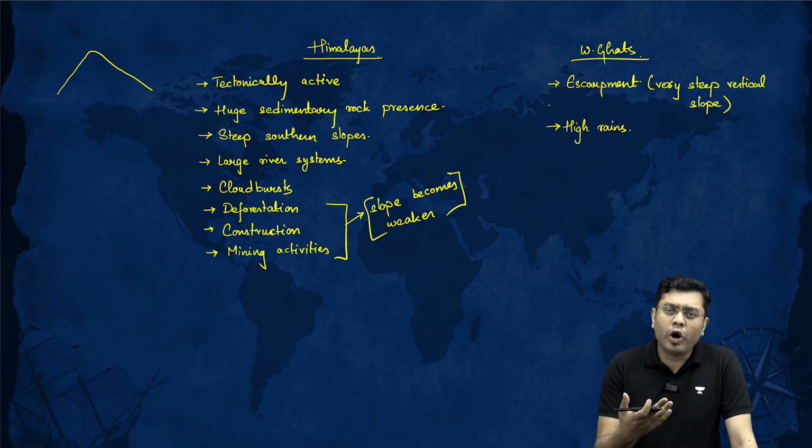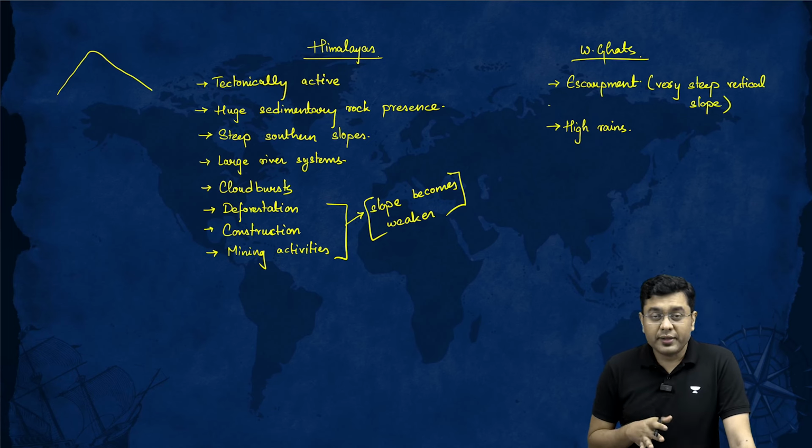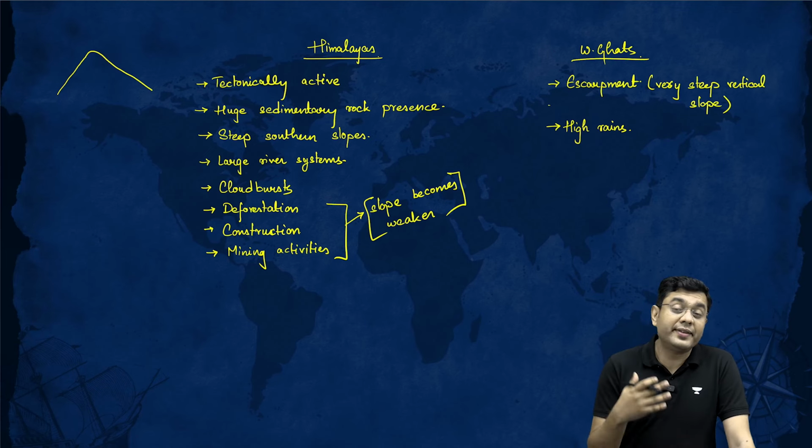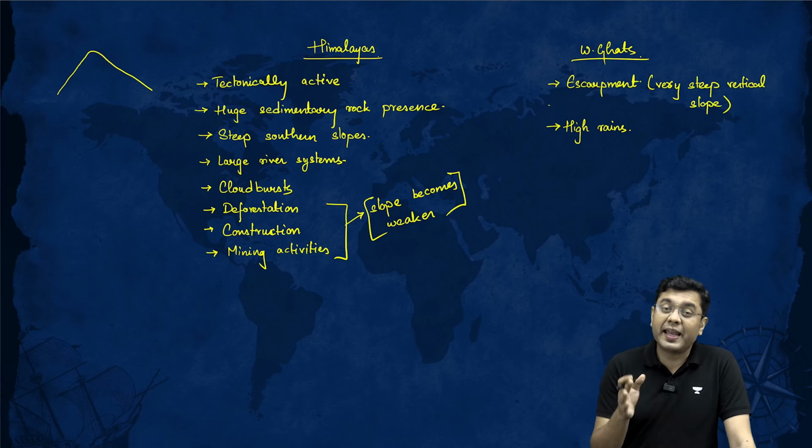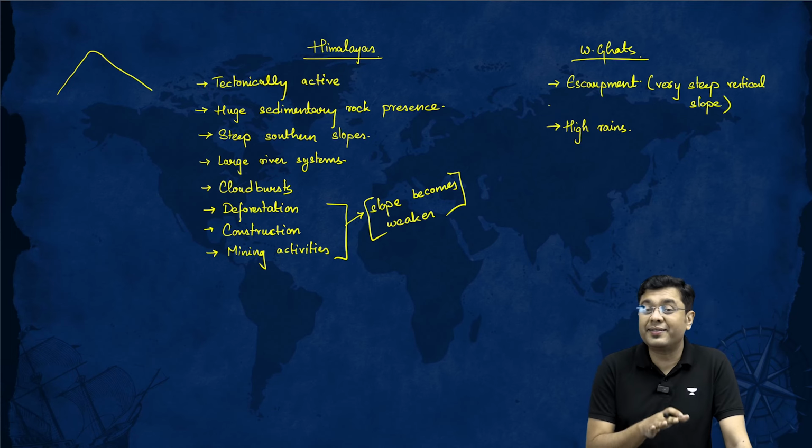Hence, the amount of landslides which occur there is comparatively less. This is tectonically stable, seismically inactive, so earthquakes etc. do not occur. Then you don't have that many rivers draining through here. So that is again something due to which the number of landslides in Western Ghats is comparatively less.